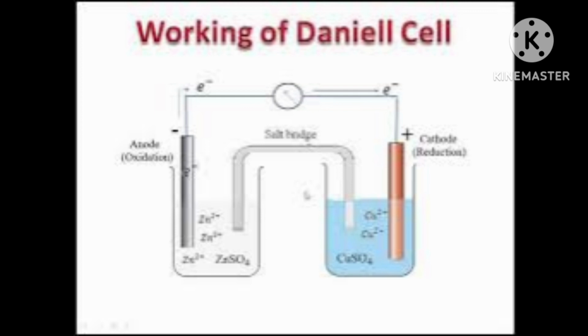Here they are losing the electron and converting into Zn ion. Hence with time, all the Zn will dissolve and many electrons will be released. The Zn rod will dissolve and convert to Zn ion.